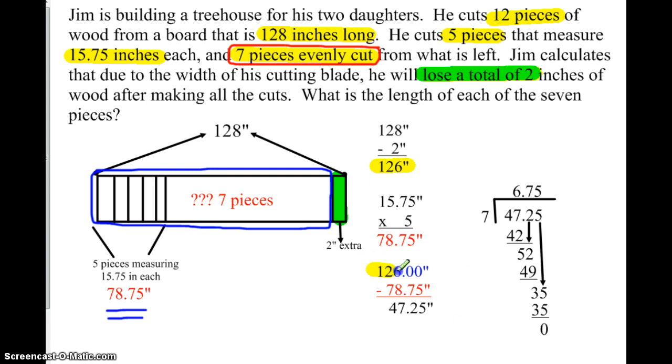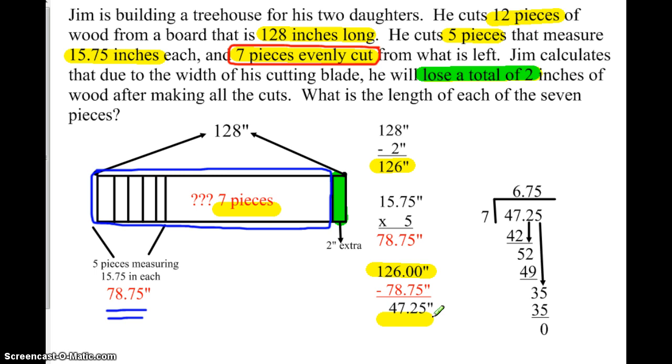I bring that down here. I subtract out the 78 and 75 hundredths of an inch to find out the total of these 7 pieces. So these 7 pieces equal 47 and 25 hundredths of an inch all together.